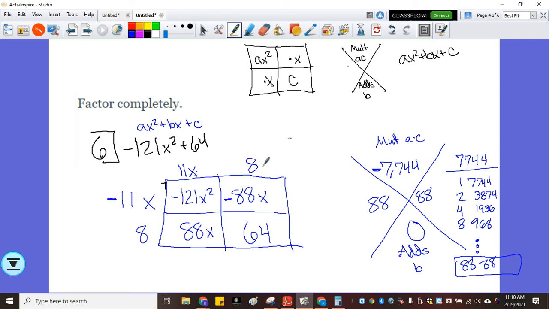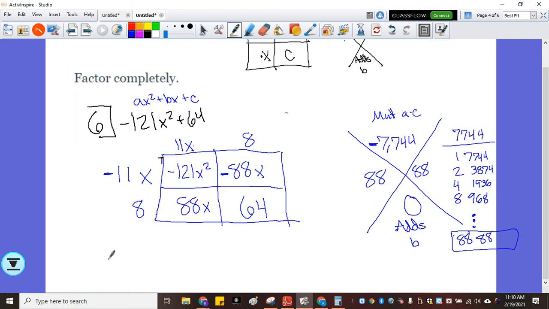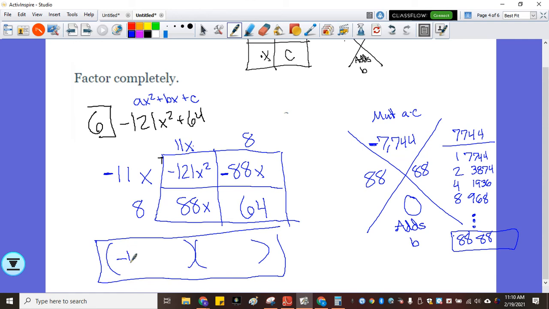Negative 11 times what gives you negative 88? Again, 8. And this is the hardest question you could possibly see. Oops, that was negative. Okay.